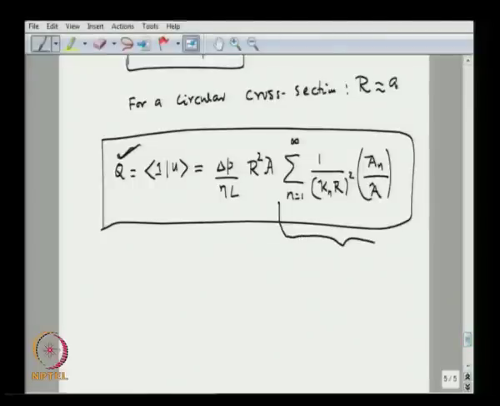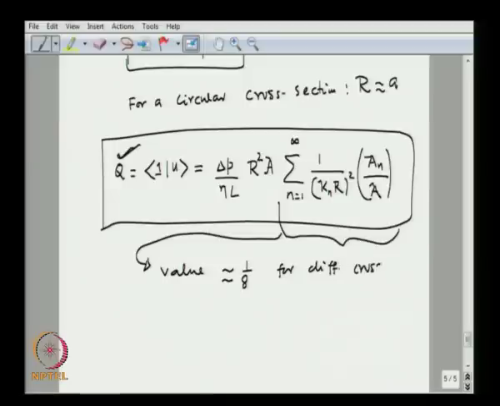So, this term is about 1 over 8 for different cross sections and equal to 1 over 8 for a circular cross section.